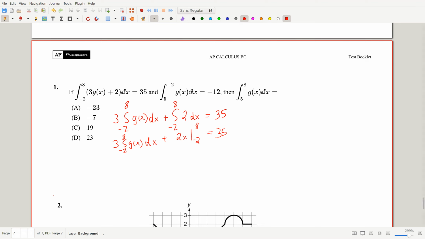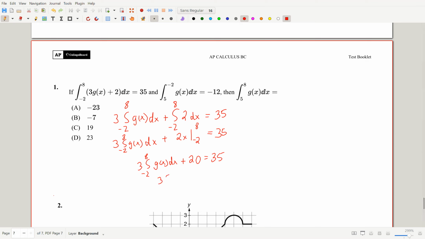So now we have 3 times the integral from -2 to 8 of g of x dx plus 20 equals 35, which means that I can subtract 20 from both sides. Treat this just like it's 3x, but it's 3 times an integral. And I know that 3 times this integral equals 15.